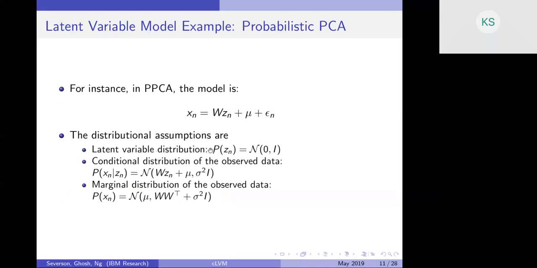Our latent variable is assumed to come from a standard normal distribution. Then we have a conditional distribution of the observed data, such that the mean is specified by W Z_n plus mu, and the noise is some sigma squared I. Then, using the properties of multivariate normal distributions, we can also consider the marginal distribution of the observed data X.